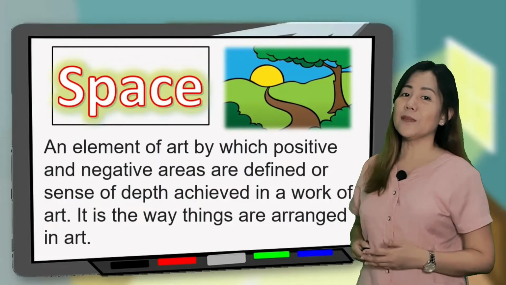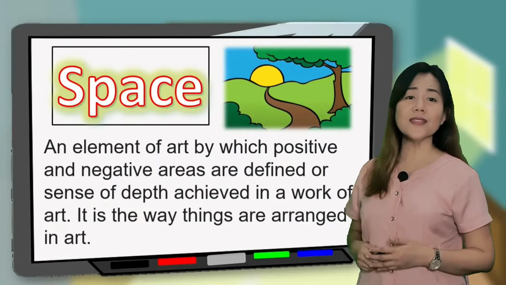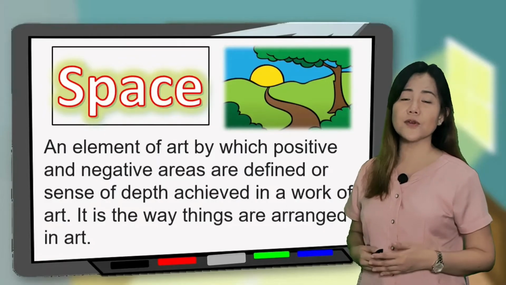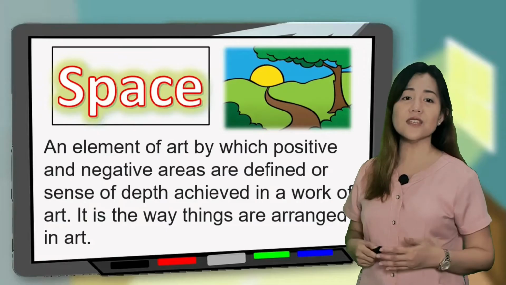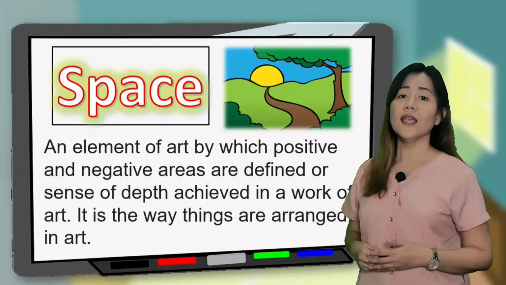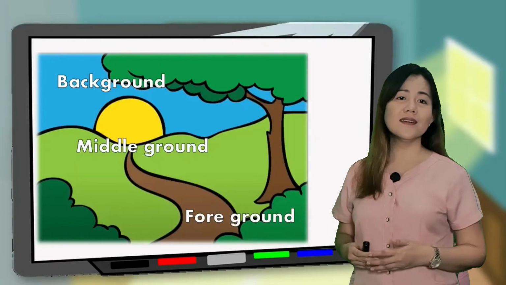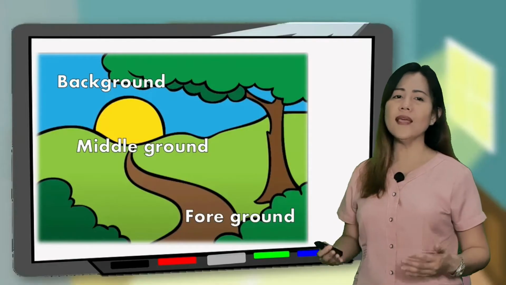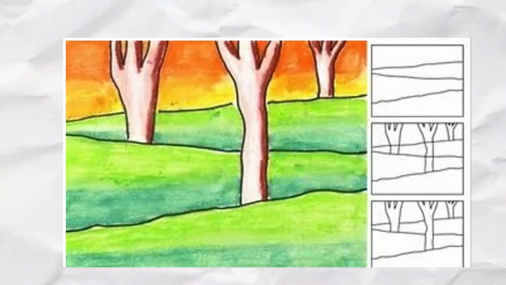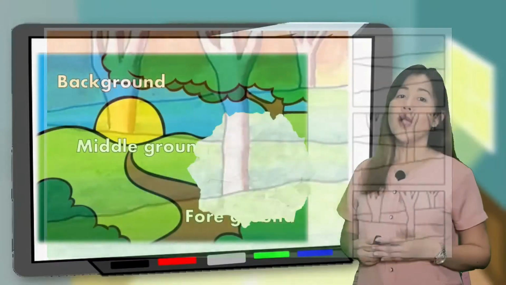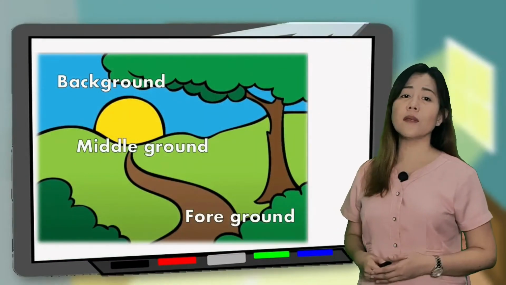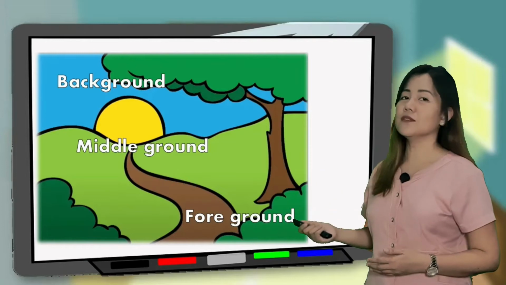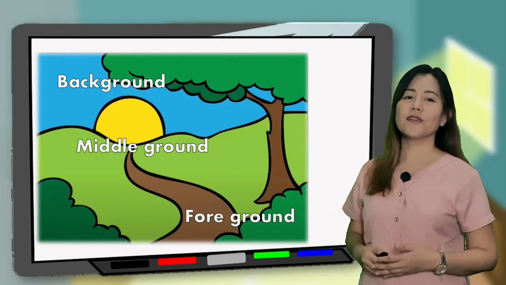Space, an element of art by which positive and negative areas are defined or sense of depth achieved in a work of art. It is the way things are arranged in art. Space is used in many different ways. One way is when we talk about background, middle ground, and foreground.